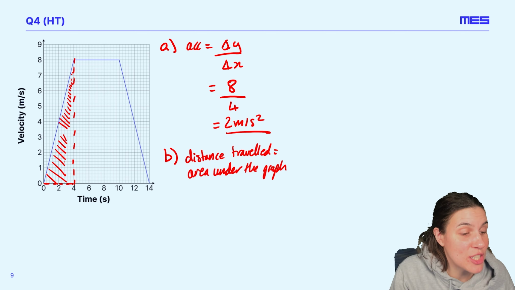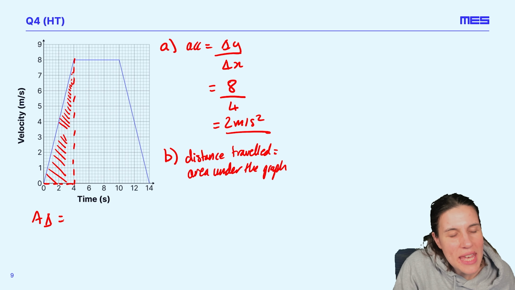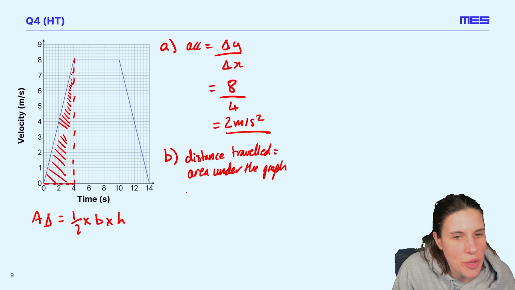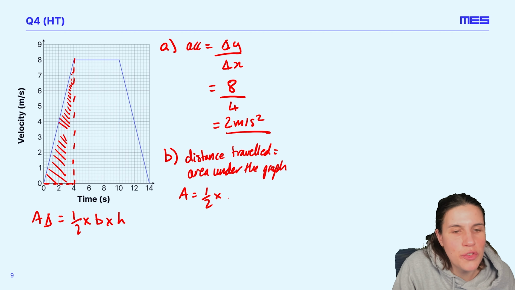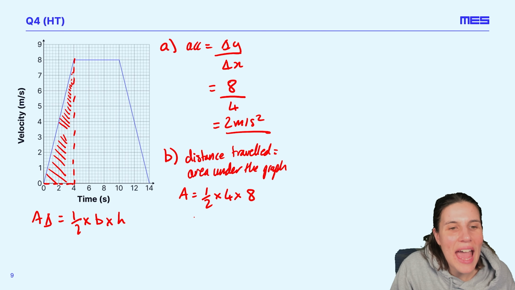Now that shape is a triangle, and I know that the area of a triangle can be calculated by doing half multiplied by the base multiplied by the height. So that's what I'm going to do. I'm going to do a half multiplied by the base, so 0 to 4, which would be 4, multiplied by the height, 0 to 8, so 8.